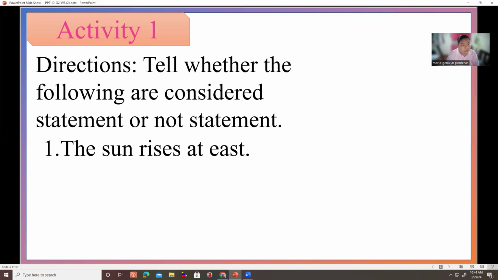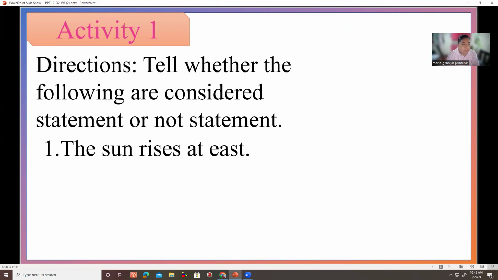By the way, let us recall, in Filipino, a statement ends with a period. If it doesn't end with a period, therefore it's not a statement. How about in the perspective of mathematics? How is a statement defined?